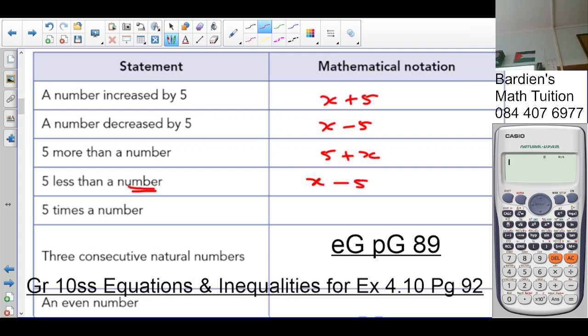If you're going to say 5 minus x, you will lose the mark. Why? Because if you say 5 less than 10, what would the answer be? 5. How do you get 5? 10 minus 5, not so? So in the case of a number, we let it be x, so it's x minus 5. You understand?